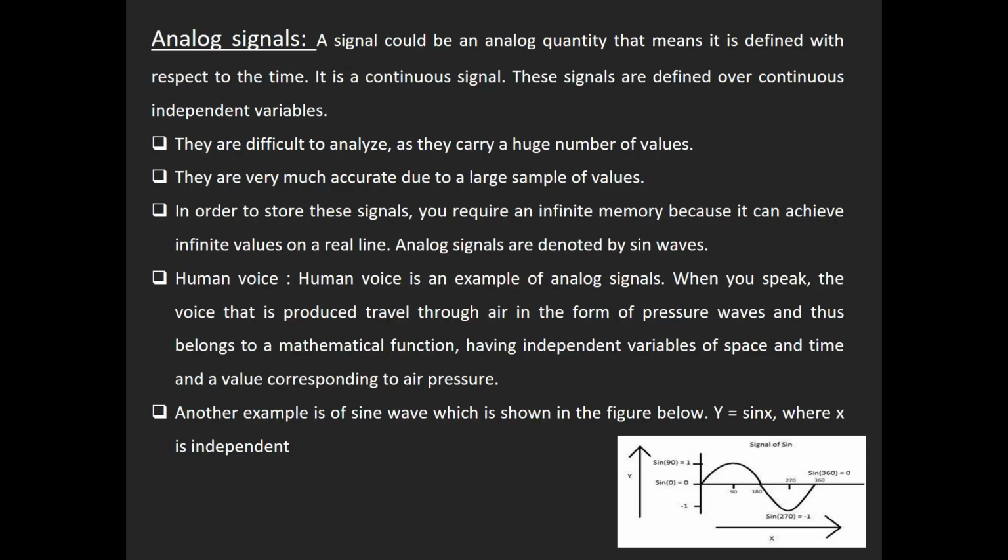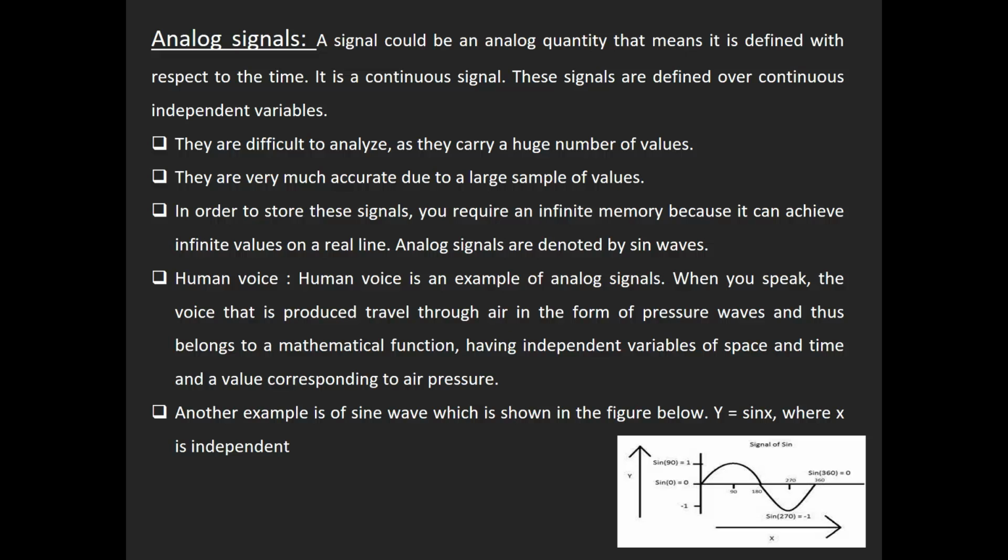Now, to understand why we need digitization, first we have to understand what an analog signal is. A signal could be an analog quantity, that means it is defined with respect to time. It is a continuous signal, meaning it is defined at every point of time. These signals are defined over a continuous independent variable.